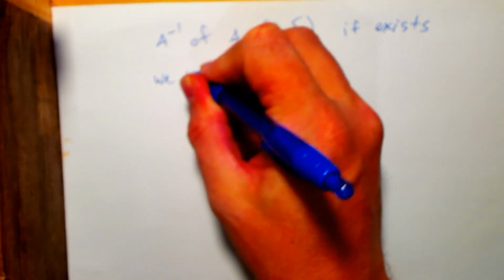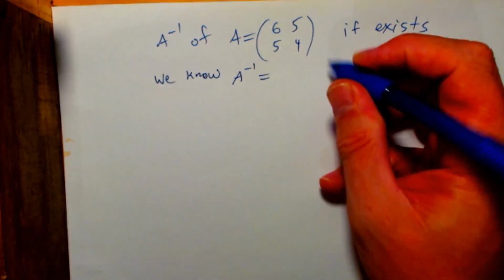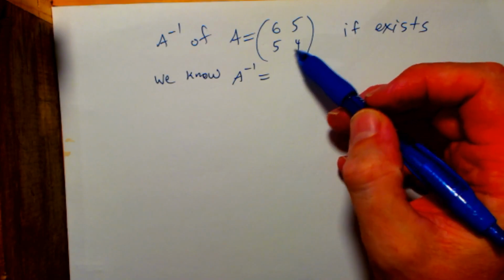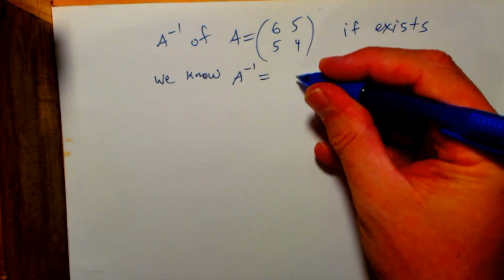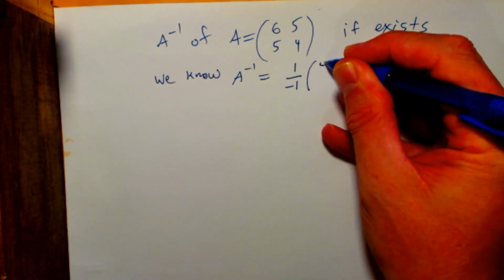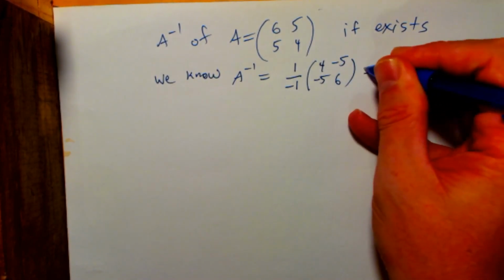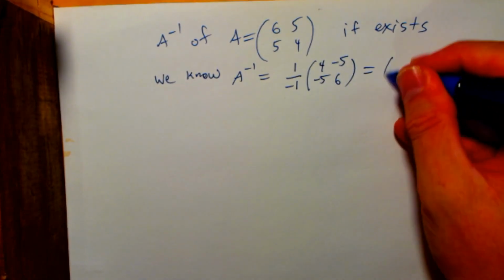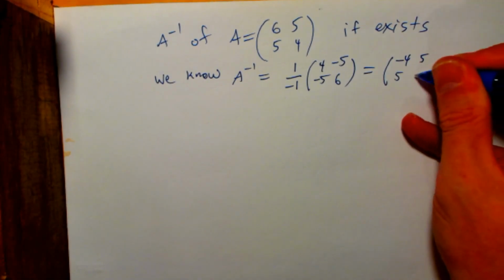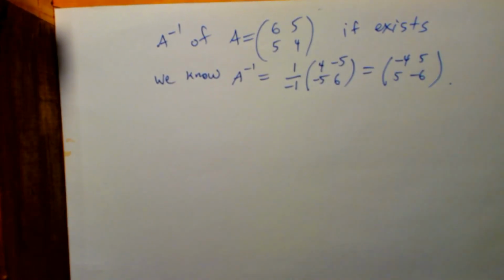But we'll say we know, because it's easy to calculate, that A inverse is equal to, now the determinant of this is 6 times 4 is 24, minus 25 is minus 1. So 1 over minus 1, swap these, put minus signs on these, and then let's simplify because it's just minus 1. So we've got minus 4, 5, 5, minus 6. So this is supposed to be the inverse. This is what we're supposed to get in the end.